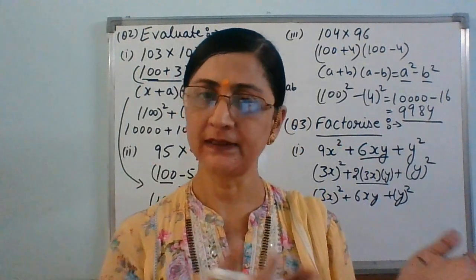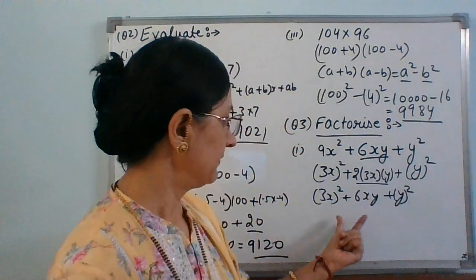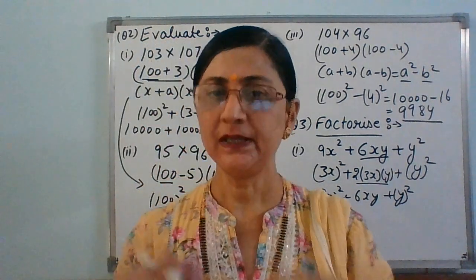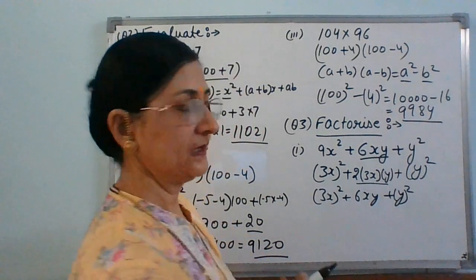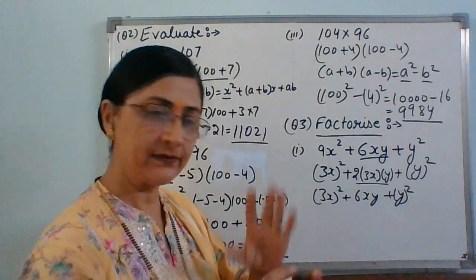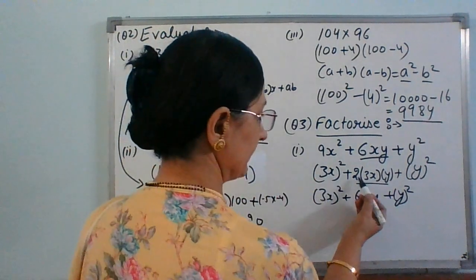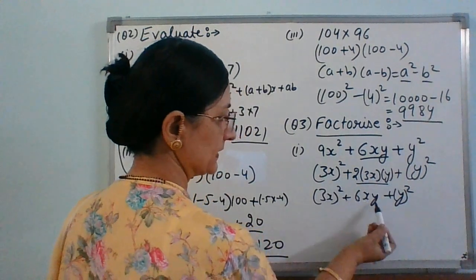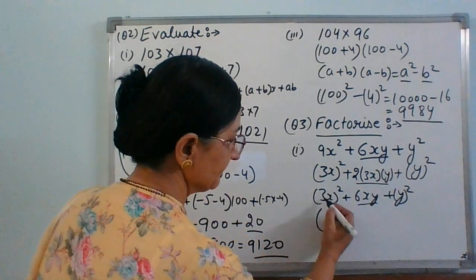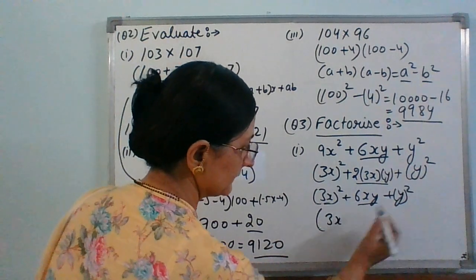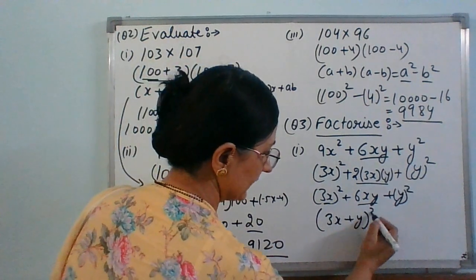We'll be writing the formula that it is a plus b whole square, right? So first check the square term, then check the square of a, square of b, then write the 2ab term yourself. When I wrote this 2ab myself, I got the same thing. Yes, confirmed. So it is a formula of this is a, this is b whole square.